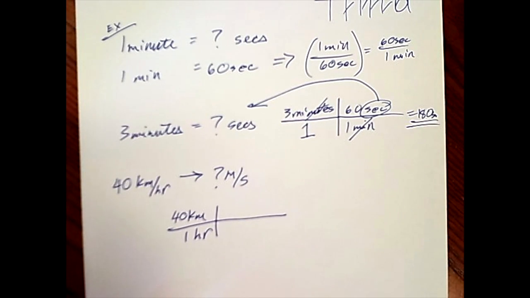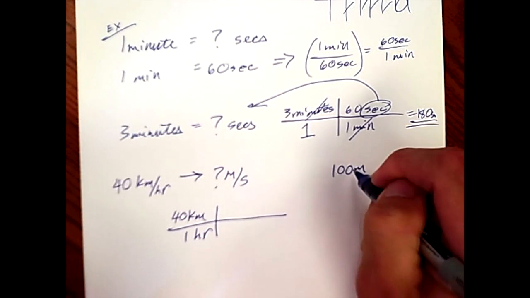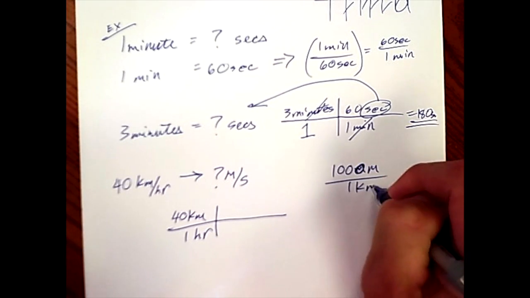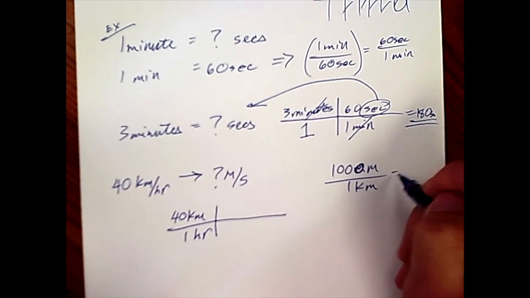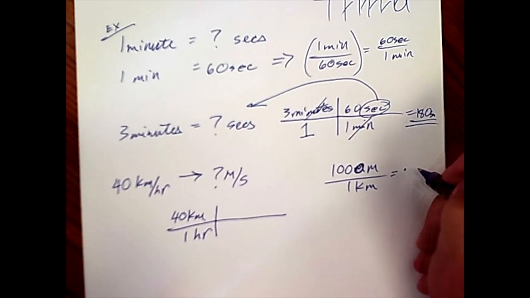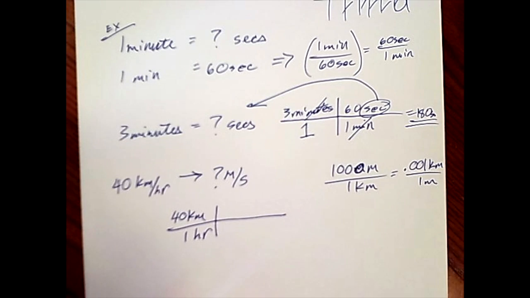Good. Mara, is that what you were going to say? Good. It's also important to recognize that I can say 1,000 meters in 1 kilometer. I can also say, which happens if you look the conversion factors up on the internet, that 0.001 kilometers is 1 meter, right?